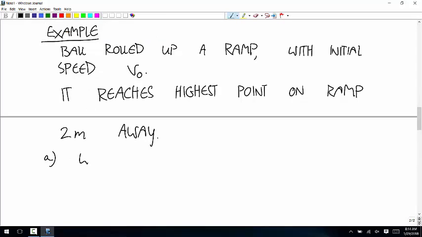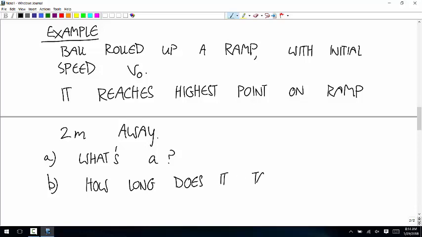So first, what's the acceleration? And second, how long in time does it take for the ball to roll back to the starting point?